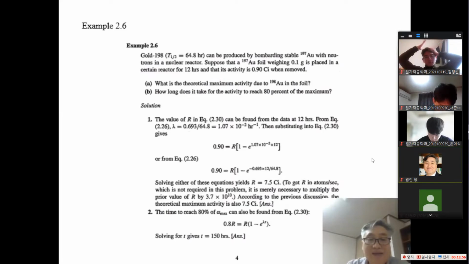Later on, this is the example using the previous derivation. Even though you cannot derive the formula, you can use the formula to get the solution. So at the end of this section, I will ask you to apply the formula to solve example 2.6. Okay?